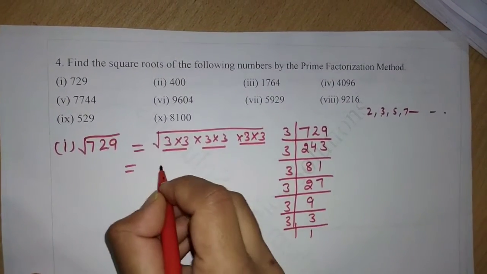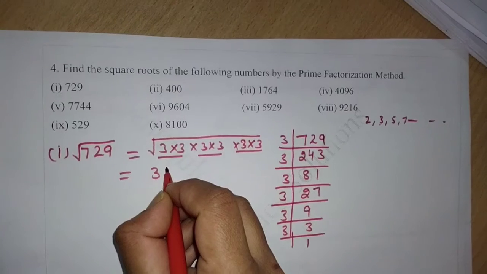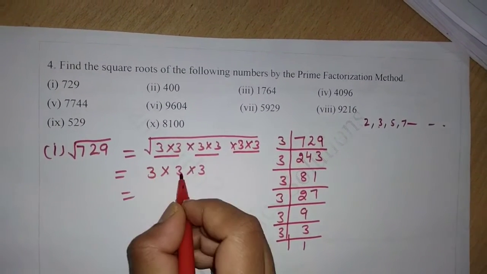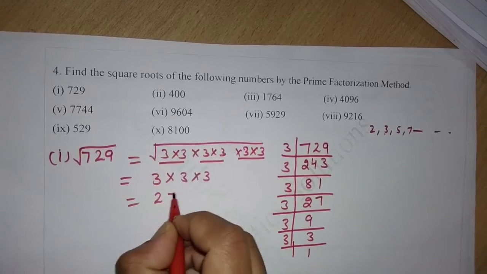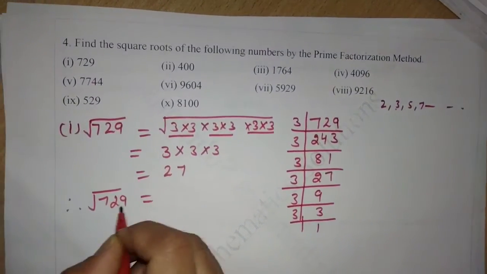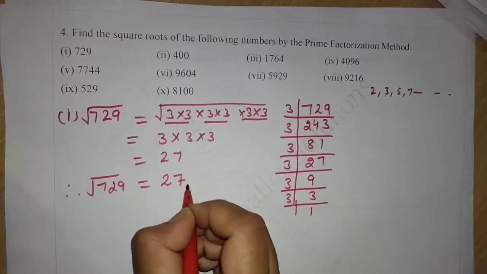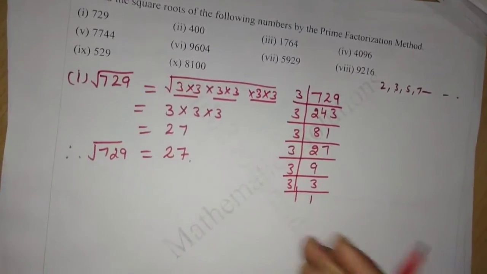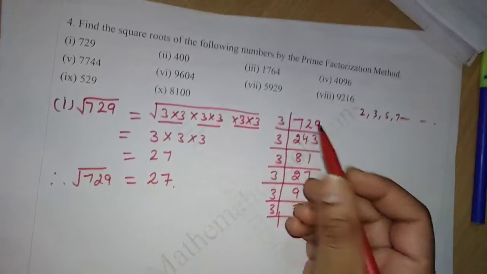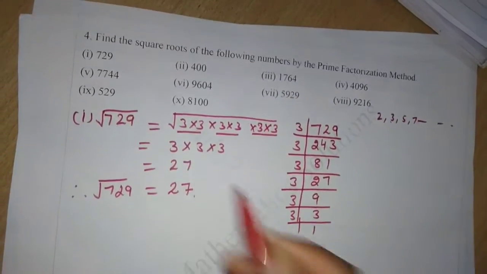Out of these pairs, take one member outside and find their product. 3 3s are 9, 9 3s are 27. Therefore, the square root of 729 is 27.